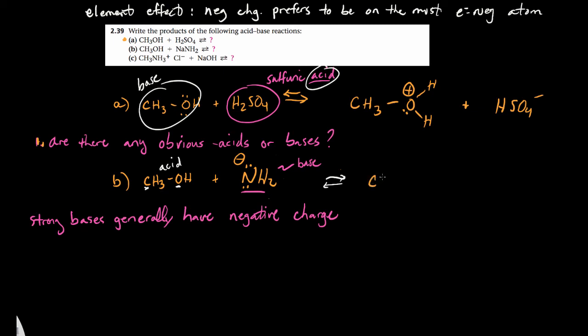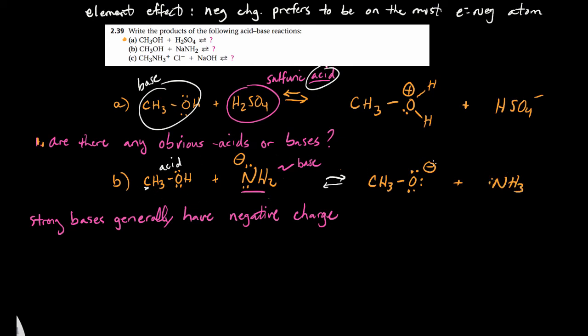So that will give us a CH3O. And it may help you to write out the lone pairs so you can keep track. And if we pull off a proton from CH3OH, we get CH3O minus. And then NH2 minus goes to NH3, which is neutral.